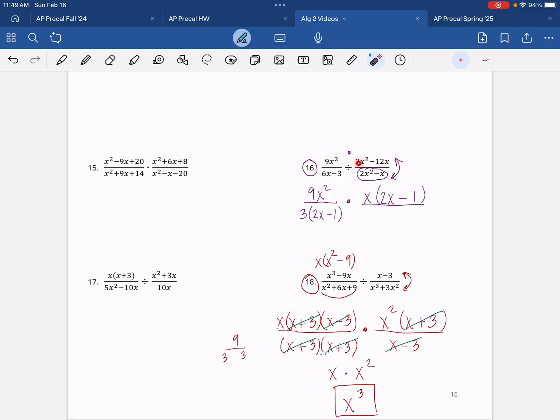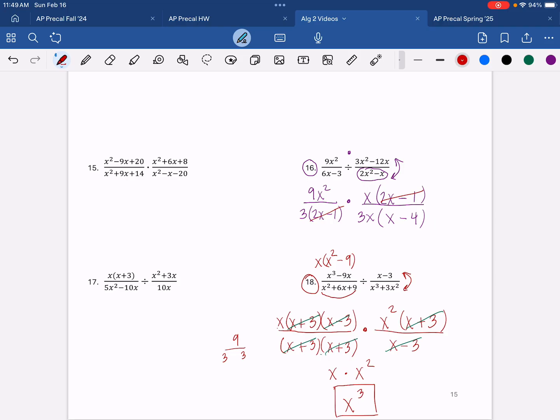And then the 3x squared minus 12x, I'm going to take a 3x out of both of those. And I'm left with, let's see here, an x minus 4. Okay, so when I go to see what is actually canceling out, 2x minus 1, that's clear that it cancels.